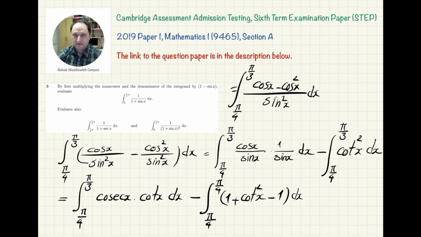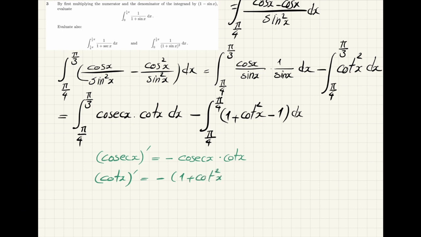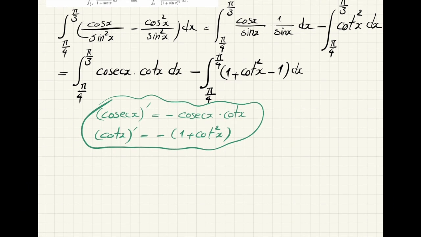Okay? Let me remind you of the formulas if you have forgotten them. The derivative of cosecant x is negative cosecant x times cotangent of x, and the derivative of cotangent of x is negative 1 plus cotangent squared of x. So these are the formulas that you need to know, and then I can just calculate it now in this form.